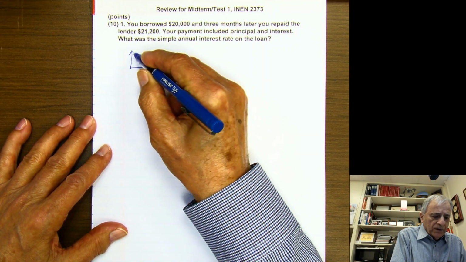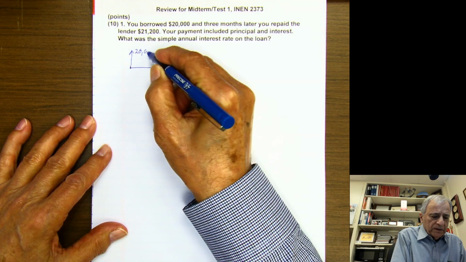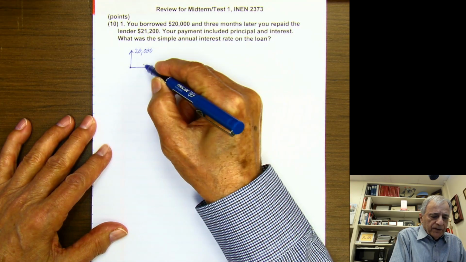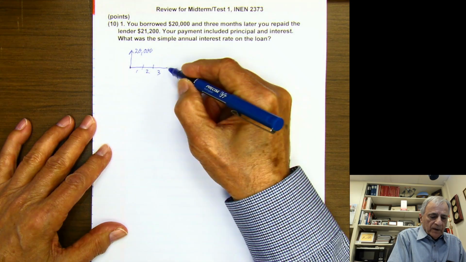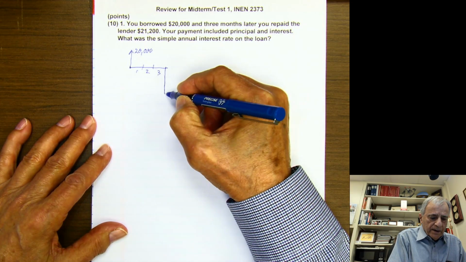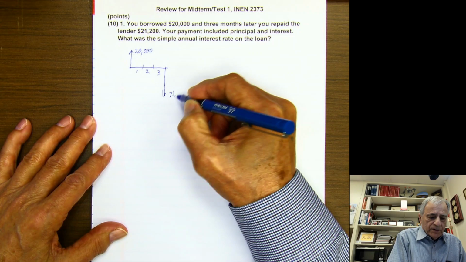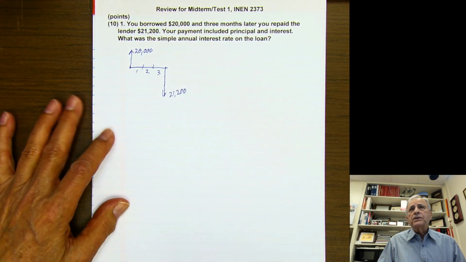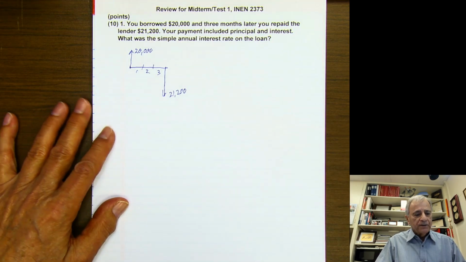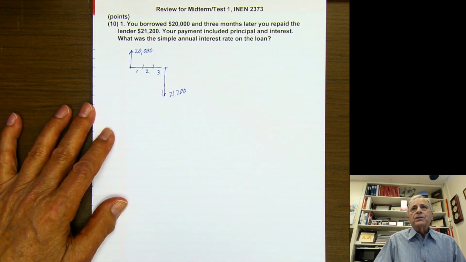You received 20,000, and if these are months, 1, 2, 3, you had to pay back 21,200. So that is the cash flow diagram from your perspective. The lender's, of course, would just be the opposite.